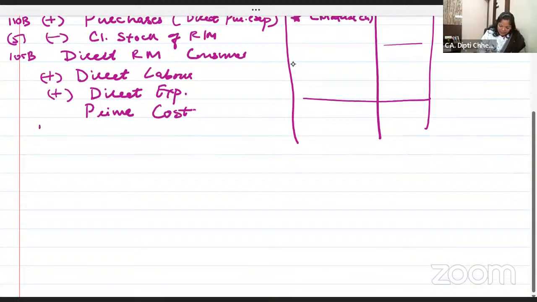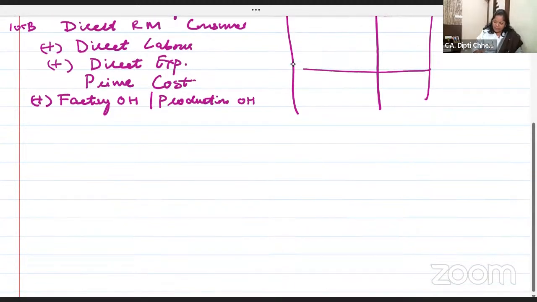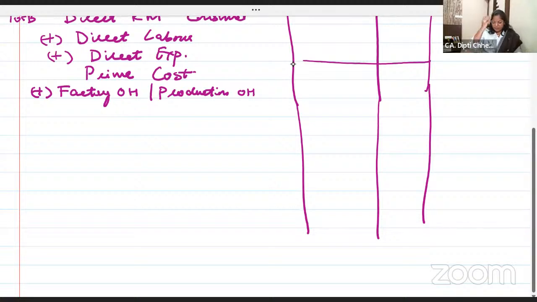Add to it factory related expenses: factory rent, depreciation of plant and machinery, insurance, indirect expenses in the factory like factory labor and all. So factory overhead, some of the books also call it production overhead. Okay. So prime cost, factory overhead, production overhead.